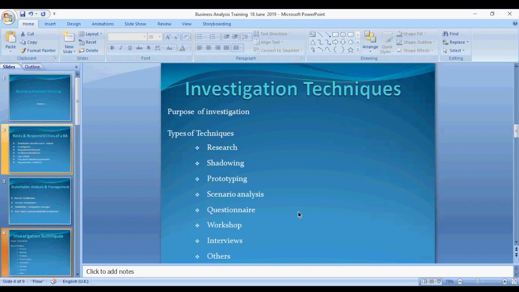From there, you can identify your requirements. You can also identify some gaps. So it's another type of investigation that you can use to identify any problem, the requirements, or what needs to be done.